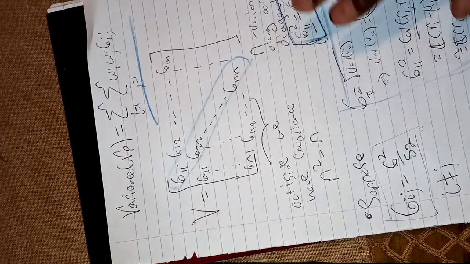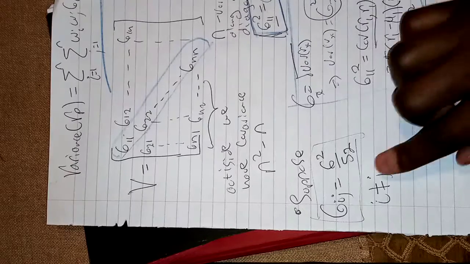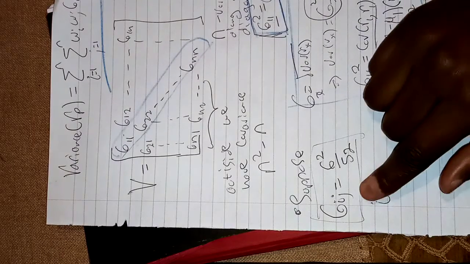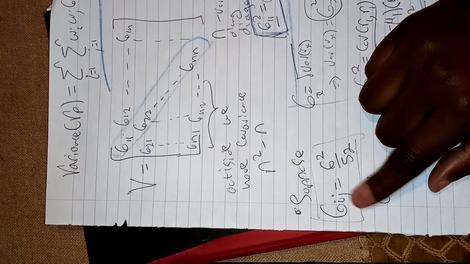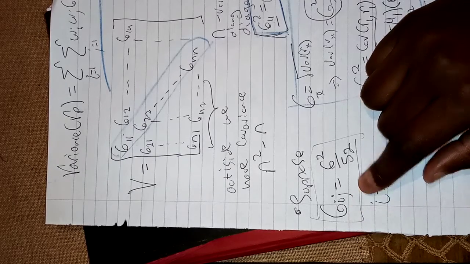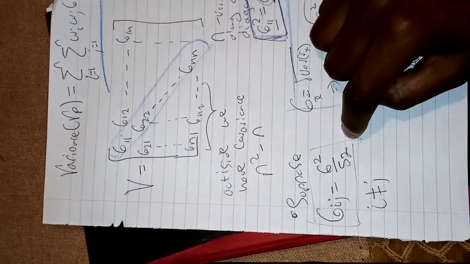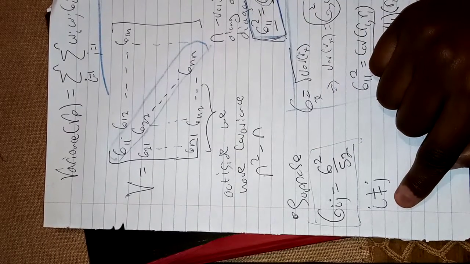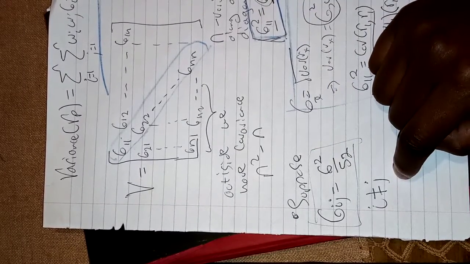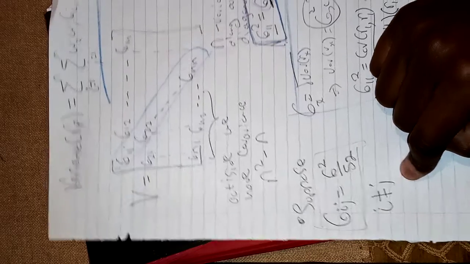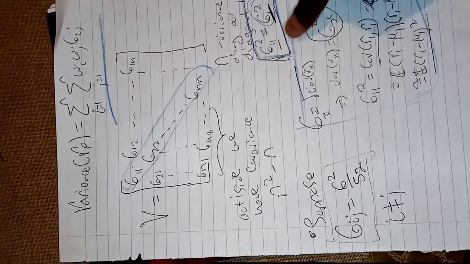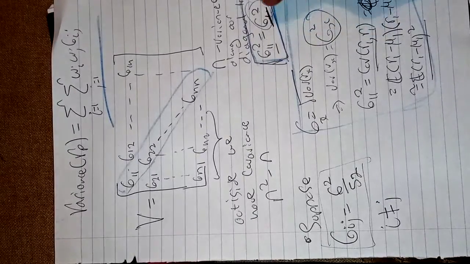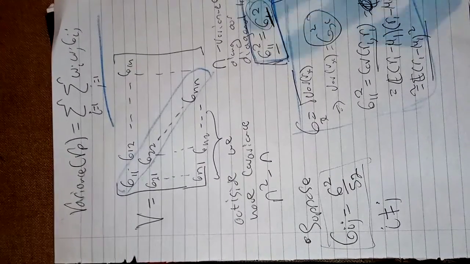Then I made one assumption. I said suppose that the covariance between assets i and j is equal to sigma square over 52 for the case when asset i is not equal to asset j. When asset i is equal to asset j, the variance must be equal to sigma square. I explained that.